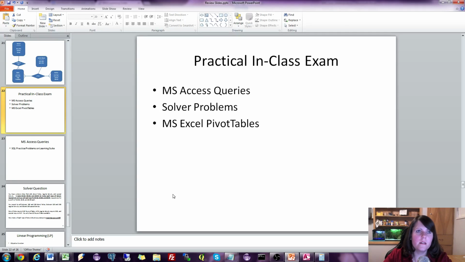So you will need to budget your time wisely. I would suggest hitting those Access queries as soon as you can, because they make up the bulk of the score, essentially. So less time, if you can, on the solver in Excel. Definitely hit up those Access queries first, or you'll probably regret it. So that's my advice.